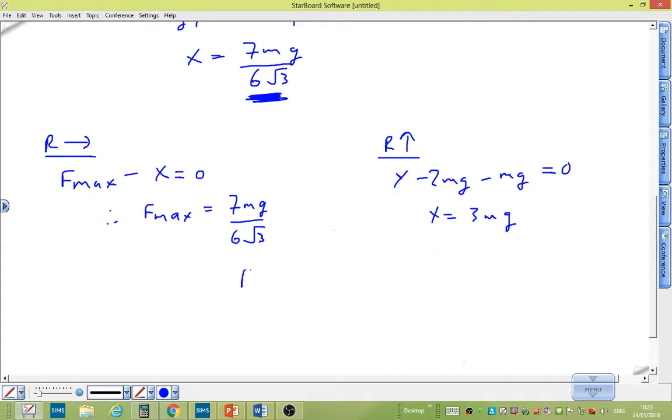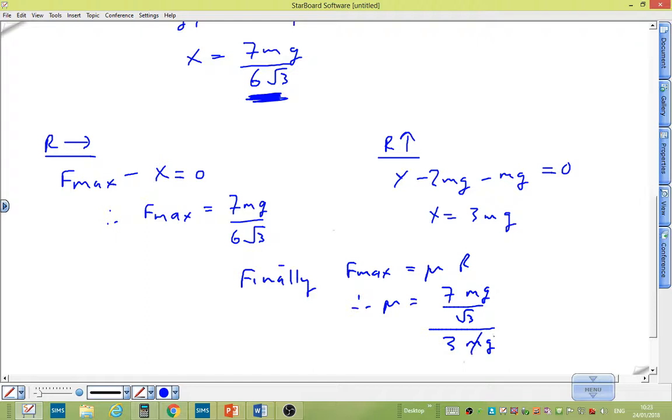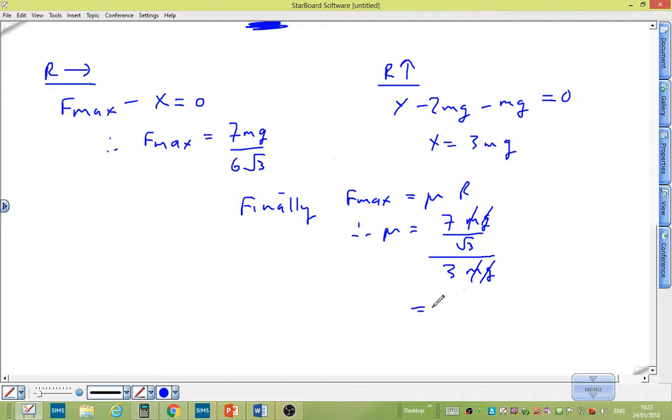Then finally f max is equal to mu r, and therefore mu is equal to 7mg over root 3, all divided by 3mg. Divide by mg top and bottom, and the 6 root 3, and then the 3 comes to that, so you end up with basically 7 over 18 root 3 is what mu is equal to.